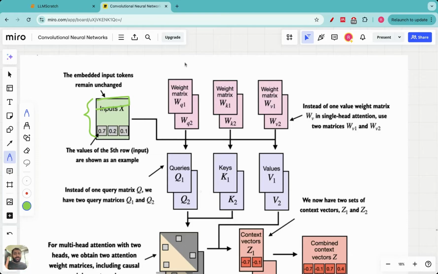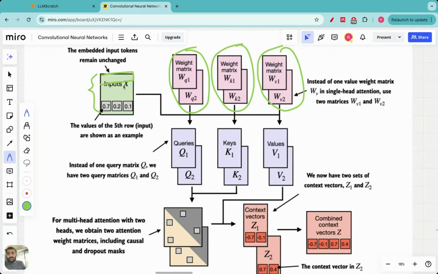So if we have two attention heads, we'll create two weight matrices for the query, two weight matrices for the keys, and two weight matrices for the values. And then we will multiply the inputs with these weight matrices to get two queries, two keys, and two values.